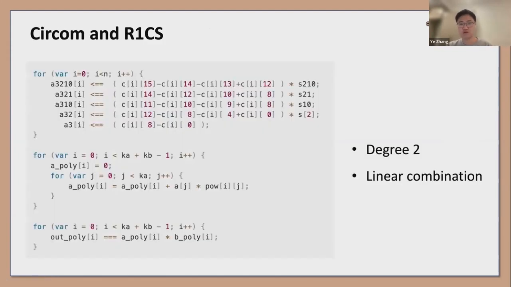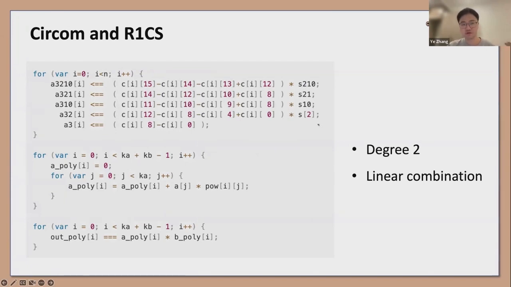To start with, I know many auditors have experience auditing R1CS circuits, especially written in Circom. So I take a few random pieces from some Circom code. In Circom or R1CS, you can write constraints like this: you can multiply two linear combinations and assign or connect that to a different value or wire.